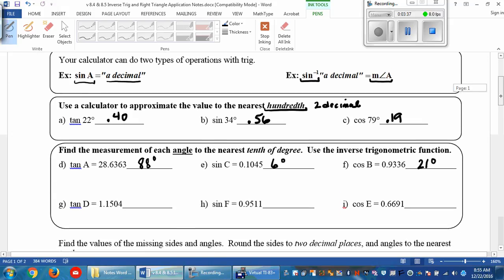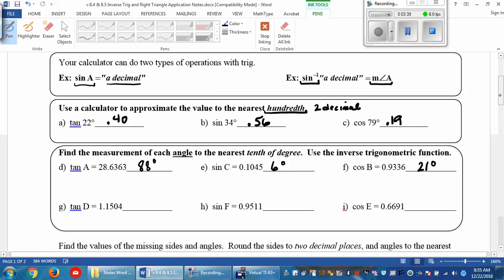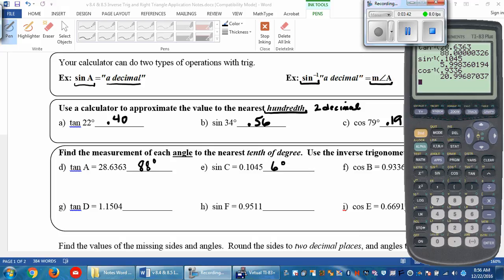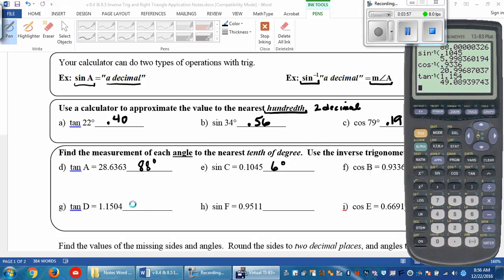Okay, we got a couple more to do here. We have the inverse tangent of 1.1504. Looks like 49.1 degrees.